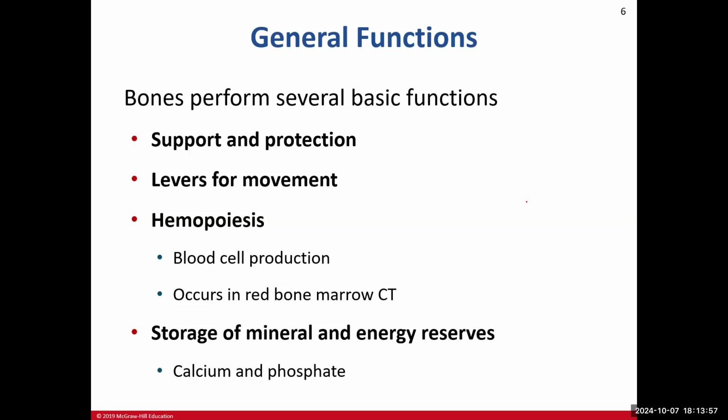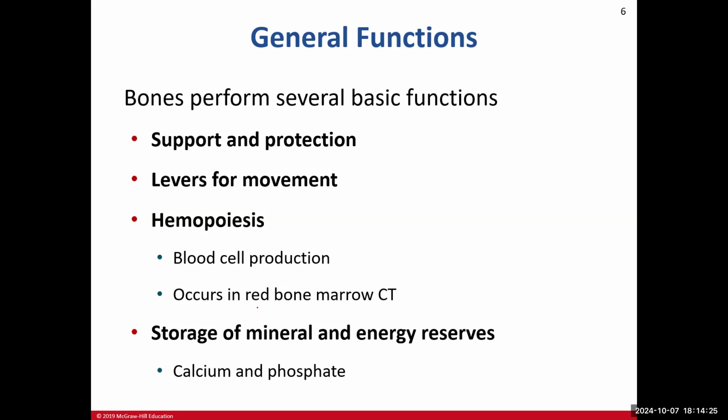Hemopoiesis, a very important function that your bones undergo, and that's the creation of what we call the formed blood elements. What are those? Your red blood cells, your white blood cells, and your platelets, right? All of those cells are made in your bone marrow, which is going to be housed in the medullary cavity of some of the bones or in the trabecular bone there, and we'll touch on that.